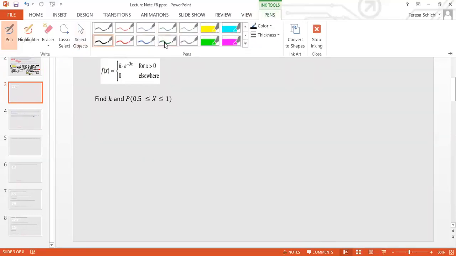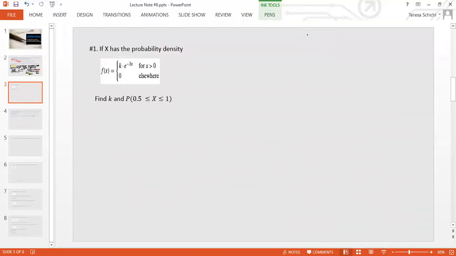I want to write down the formula here, as a review of your calculus. The integral of e to the ax dx equals 1 over a times e to the ax, plus c.